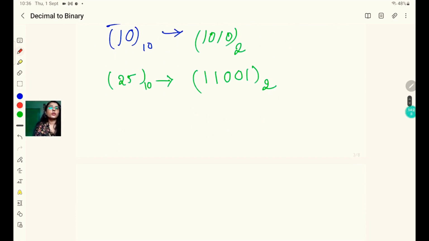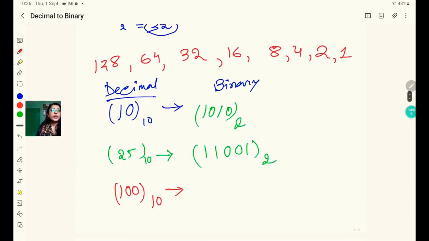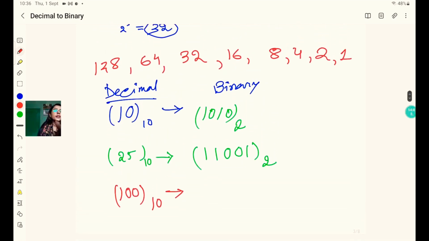Now, suppose we want to make a bigger number by this. Suppose we want to make 100, 100 base 10. This is obviously not binary 100, this is decimal 100, okay? So we have to make 100 by it. By adding which of these numbers can we have 100?